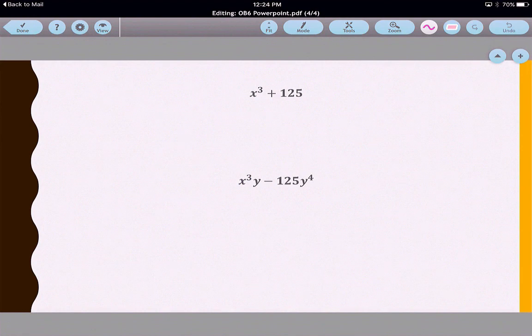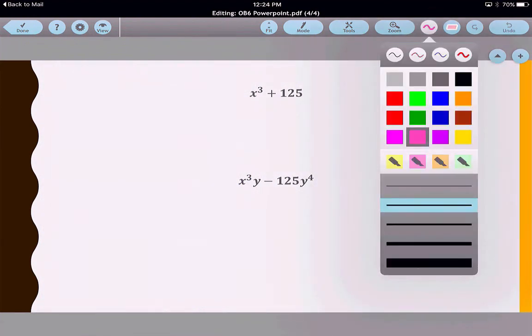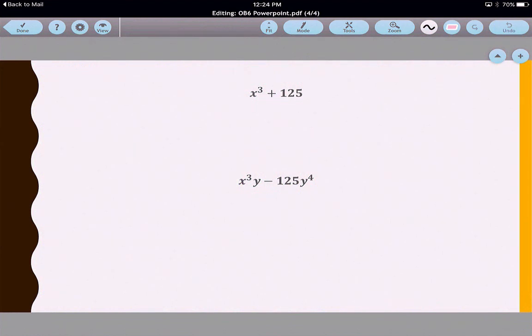So the first practice problem I have here is x cubed plus 125. Just like I did with my difference of squares, I want to rewrite this in terms of a and b as quantities that are being cubed. So obviously x cubed is x being cubed, and 125 we said is 5 cubed.